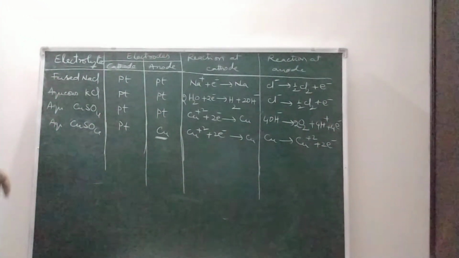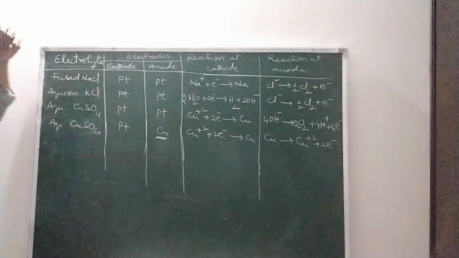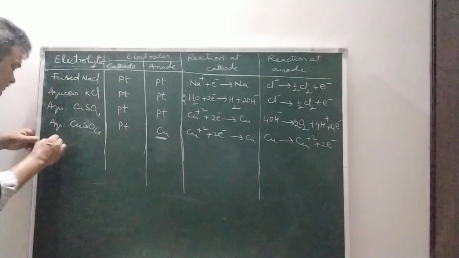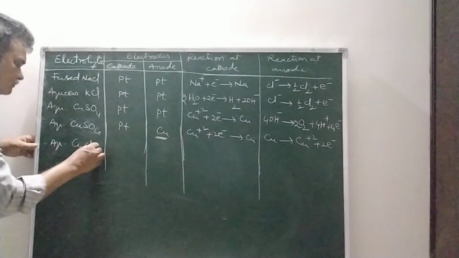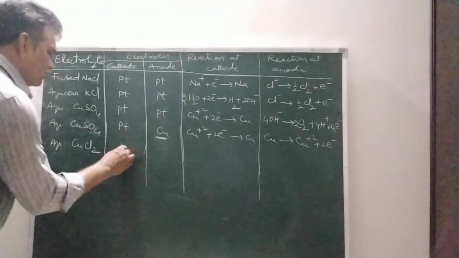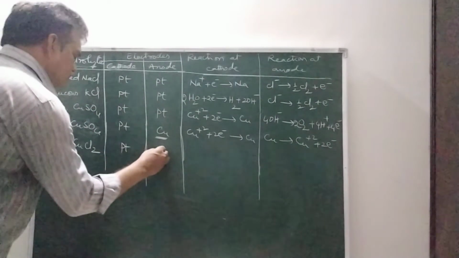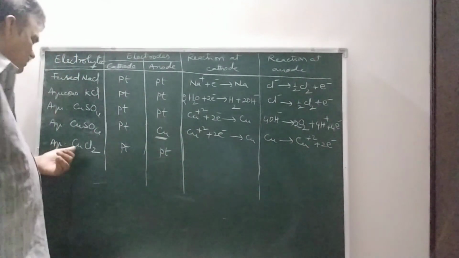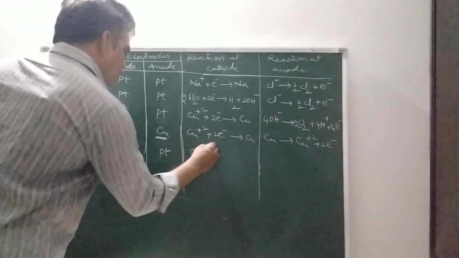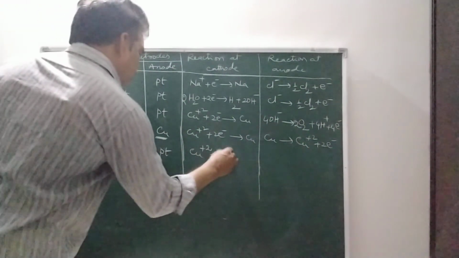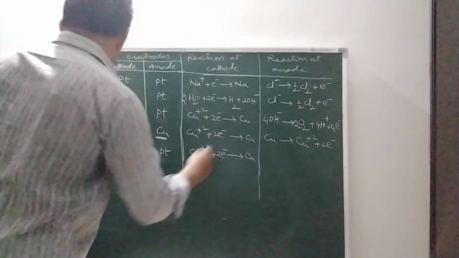In this way we can take aqueous CuCl2 using platinum electrodes. Here Cu2+ ions have low discharge potential, take 2 electrons and convert into Cu.